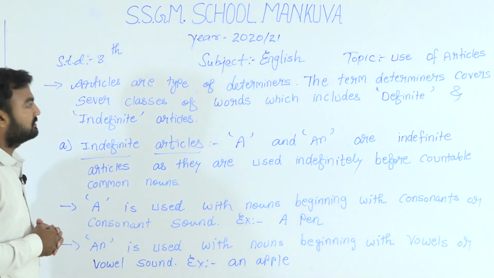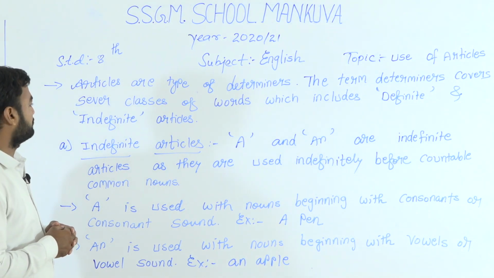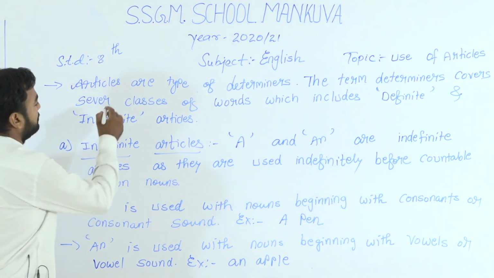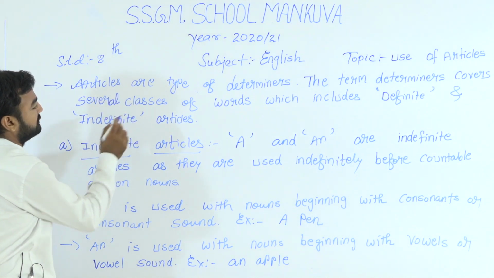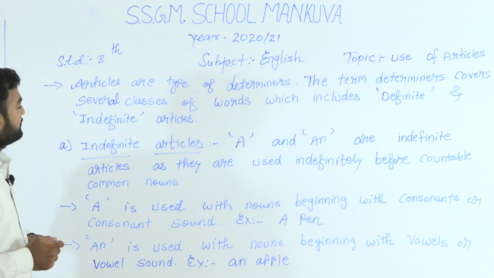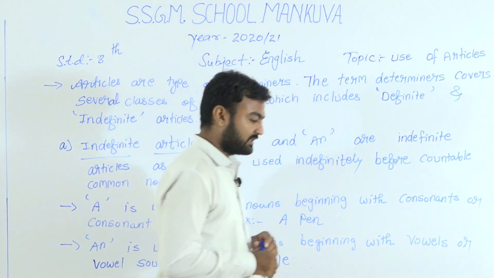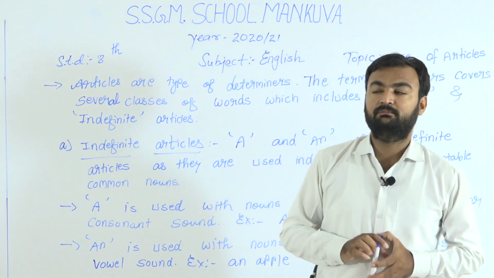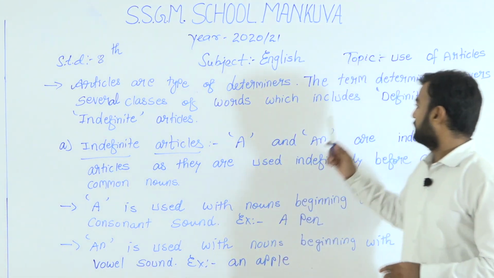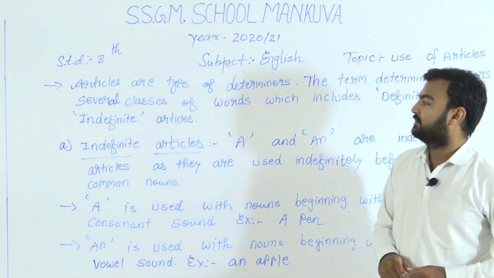Articles are a type of determiners. The term determiners covers several classes of words, which includes definite and indefinite articles. That means the definition of articles is divided in two parts, that is definite articles and indefinite articles.